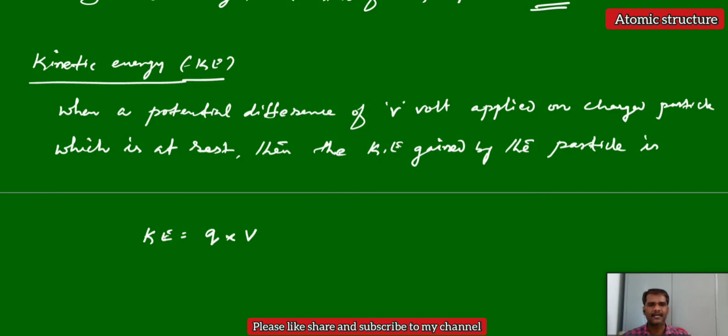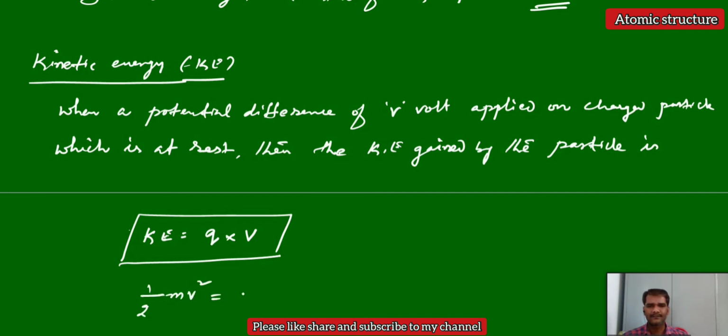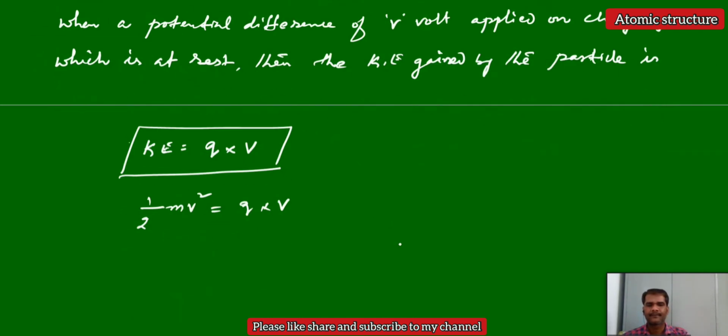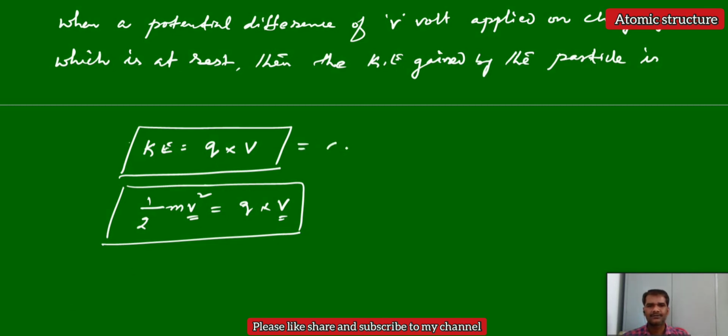So charge into potential difference can give the kinetic energy. We know that kinetic energy is equal to half mv square. We can write half mv square is equal to charge into potential, where Q is the charge, V is the potential. And here this v is different, this is a velocity and this is a potential.